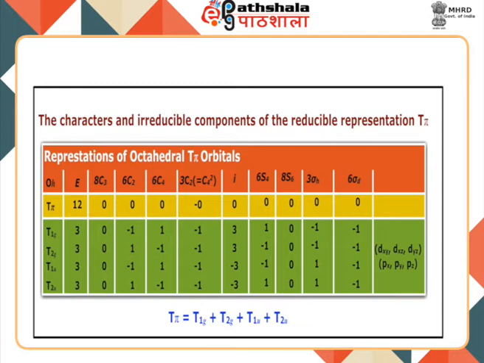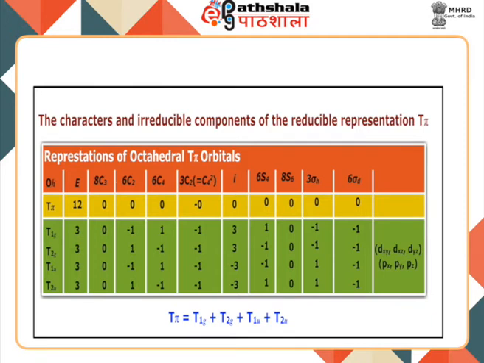In this context, the irreducible representation, that is tau pi, is reduced down to T1g plus T2g plus T1u plus T2u. Now, considering a transition metal complex, only 2 types of orbitals are available, that are T2g, which is dxy, dyz and dxz, and T1u type of orbitals, which are represented by px, py and pz.